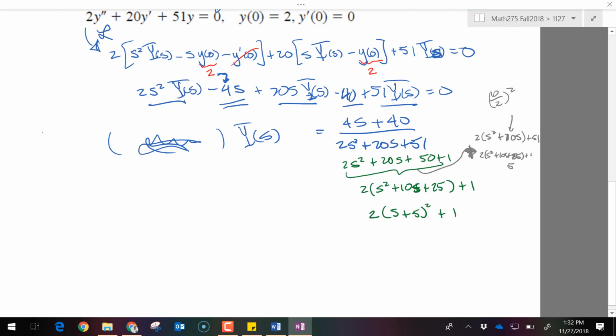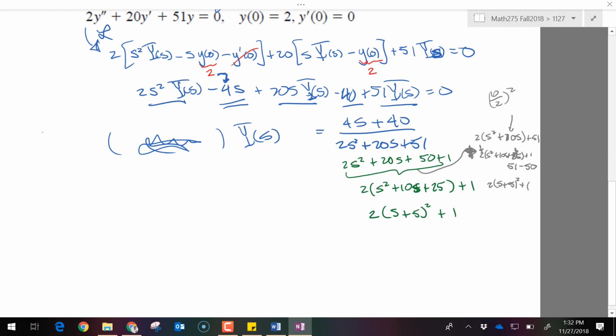Now I have 51, but I also have to subtract the 25 that I added in. Unfortunately, I didn't just add in a 25, I added in a 25 times 2. So I technically added 50 to this expression, so I need to subtract 50. That gives me the same result: 2 times the perfect square (s plus 5), and then 51 minus 50 is 1.